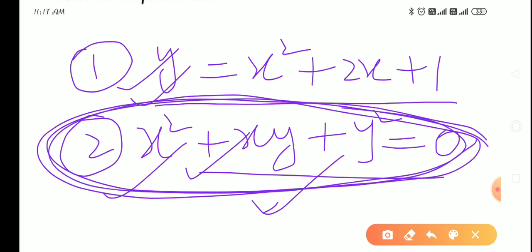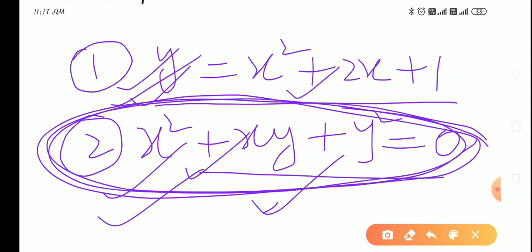So once more time I'm telling, if a function is given in which you are having y directly in terms of x, that is explicit function of y in terms of x. And second case, when you are not able to make subject y or to make subject x, you cannot separate the variable x or y, then that will be implicit function. So for second type of function, we are going to find the derivative.